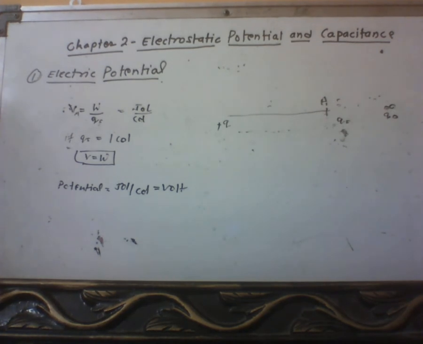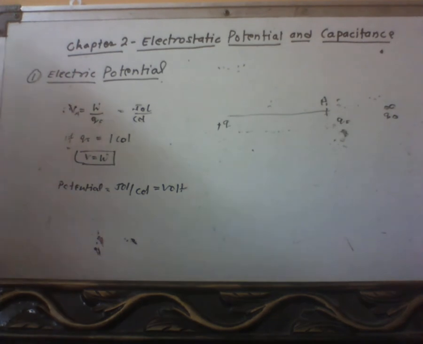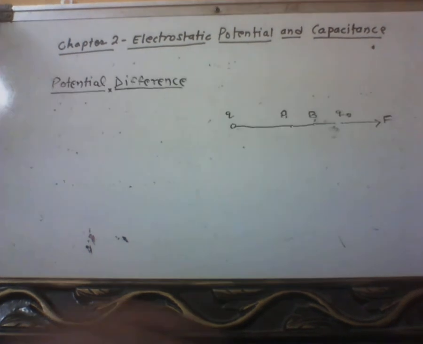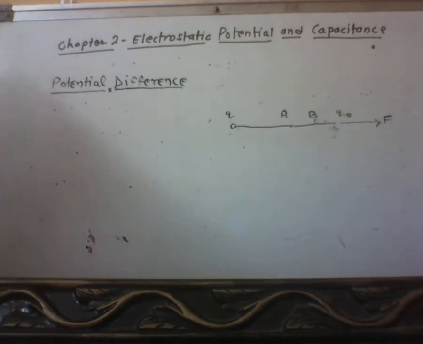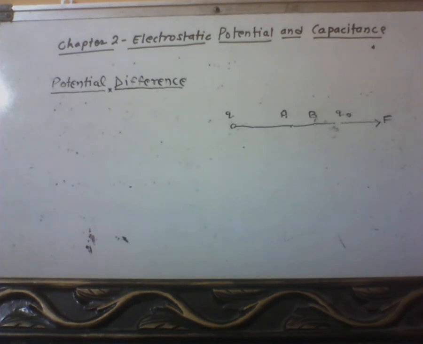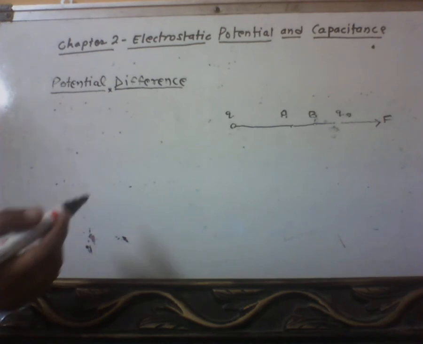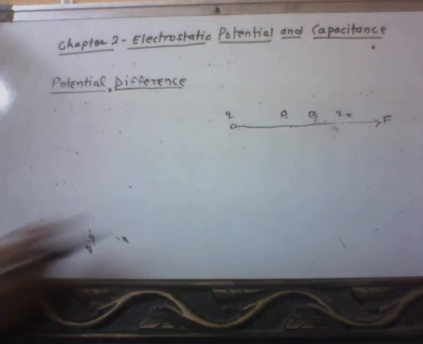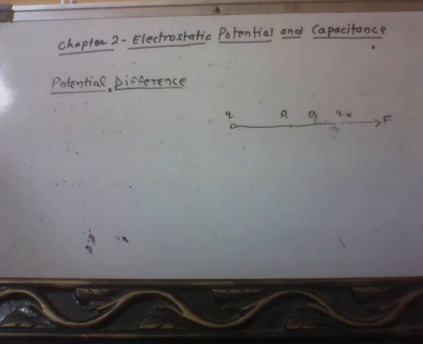Now we will discuss potential difference, that is, what is potential difference. Potential difference is defined as the work done by an external agent in carrying a unit test charge from one point to another point in an electric field.